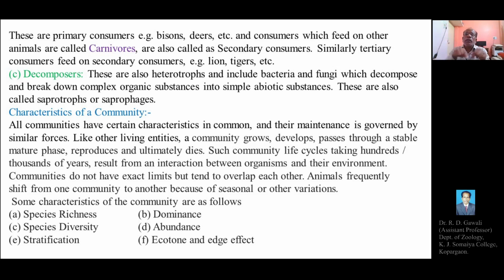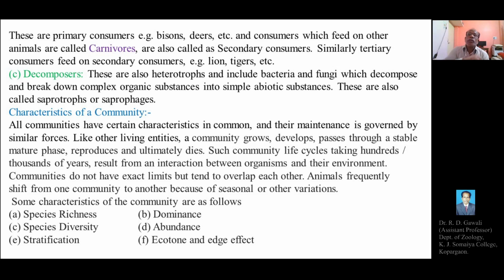A particular area or region of the respective habitat will have a community. So whatever the communities may be, all of them have certain common characteristics, and their maintenance is governed by similar forces.